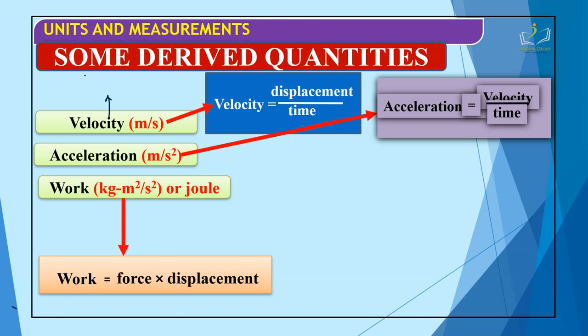Now here I want to explain something more. Velocity is a derived quantity. Why are we saying this? Because here we need to describe this velocity again in terms of meter and second. And what are meter and second? These are fundamental units.